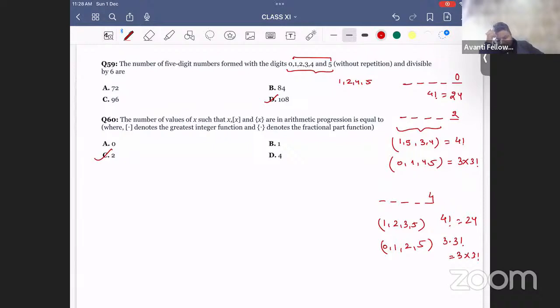Is there any other case left? 0, 2, 4. When 0 is at the unit place, you are using 5 and 4, 9, or 10 and 2, 12. Or I can also use 5 and 4, 9.